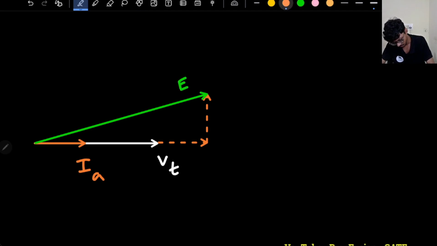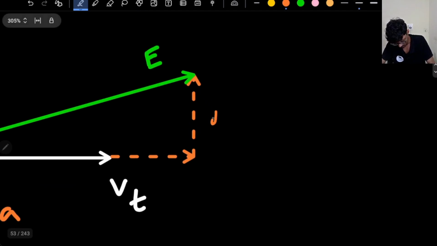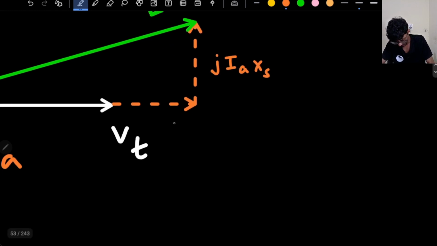This will be E, this will be my jIaXs, and this will be my IaRa.